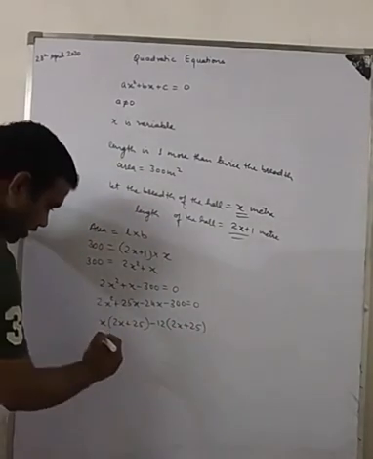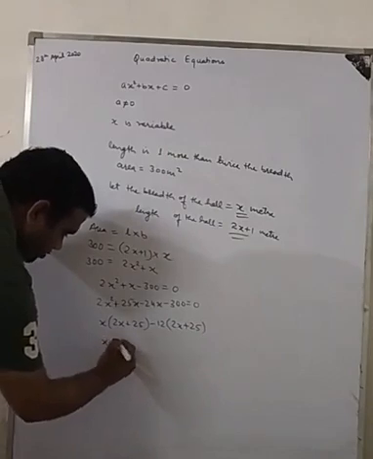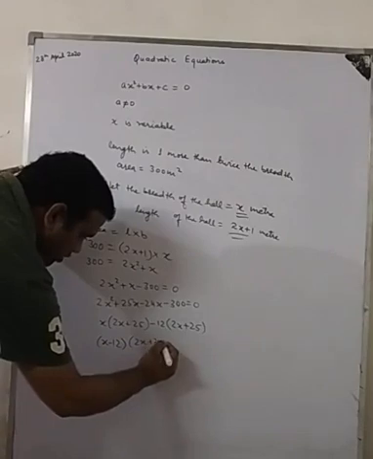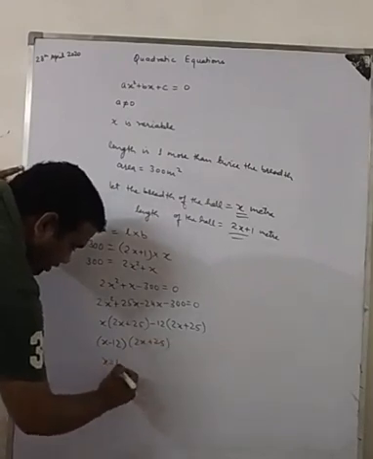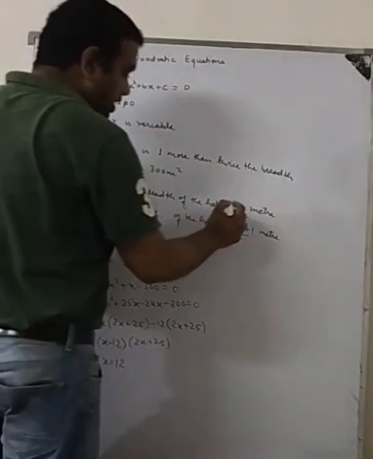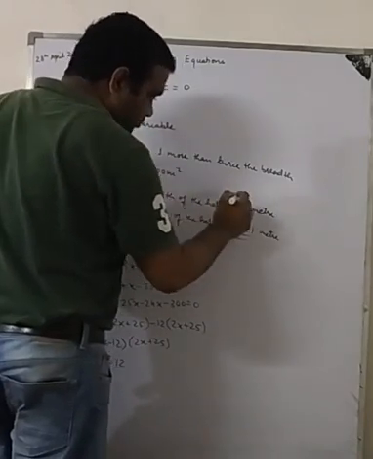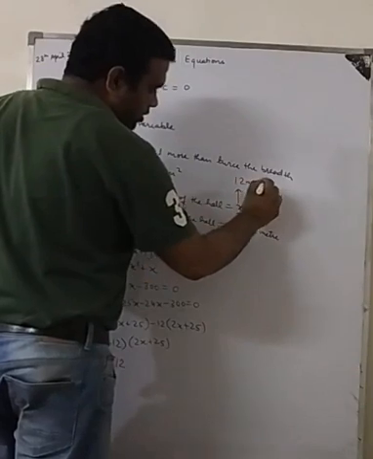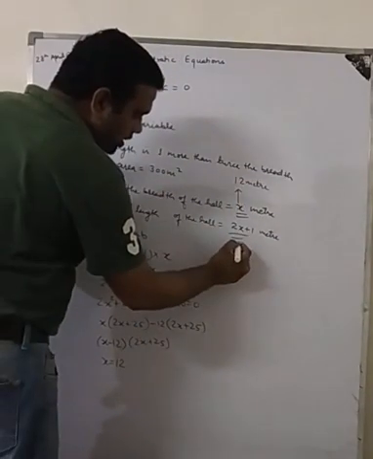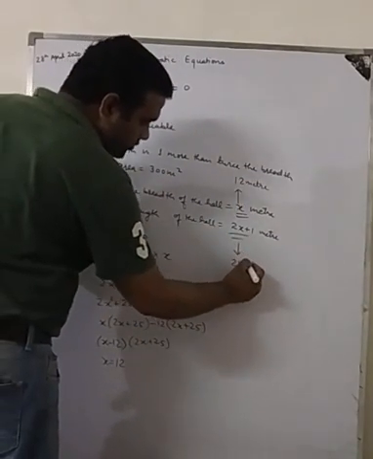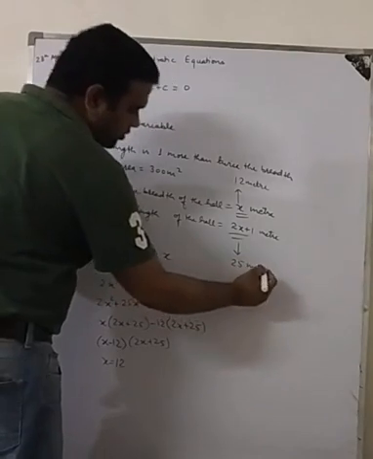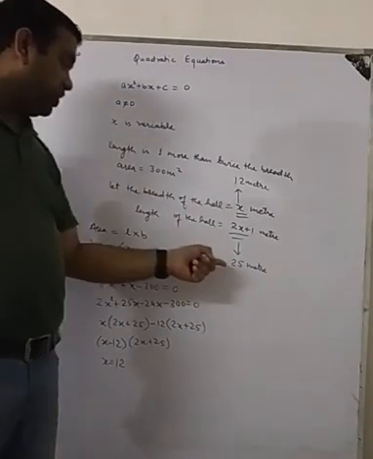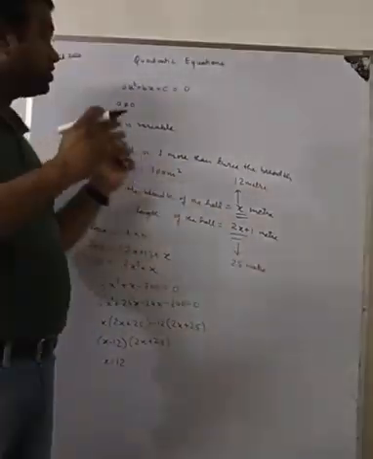So this will be x minus 12 and 2x plus 25. So my x will be 12. So what will be my breadth? Breadth will come 12 meter. If breadth is 12, the length will be equal to 25 meter. 12 into 2 is 24 plus 1 is 25, and if we multiply 25 into 12, we will get 300.